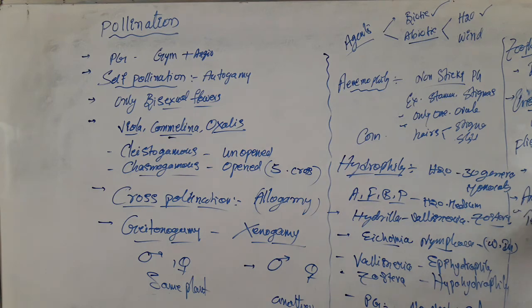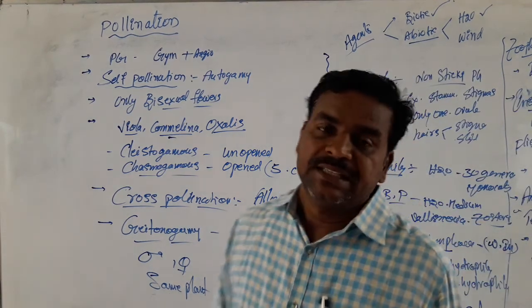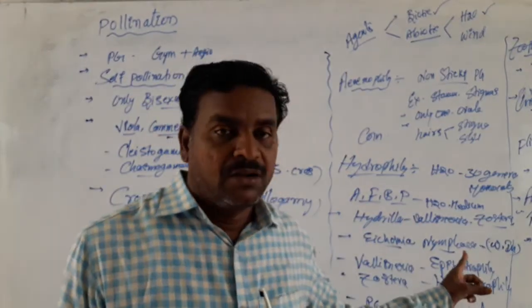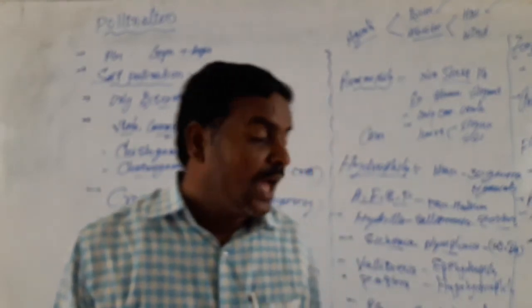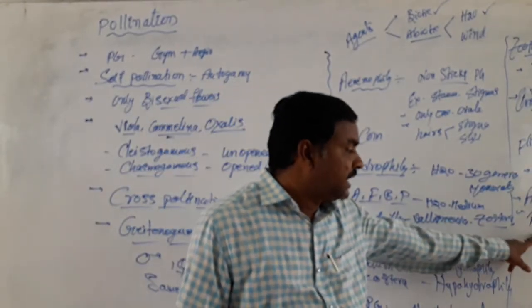One of the insects, the moth Tegeticula, shows symbiotic cross pollination with the Yucca plant. These types of insects lay their eggs in the locules of the ovary. By the time the ovules develop into seeds, the larvae come out of the eggs.